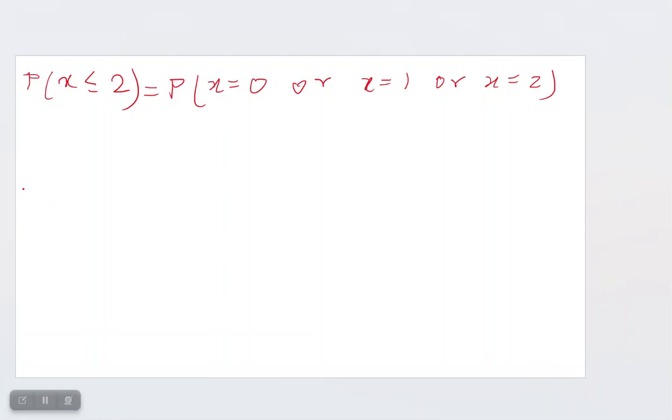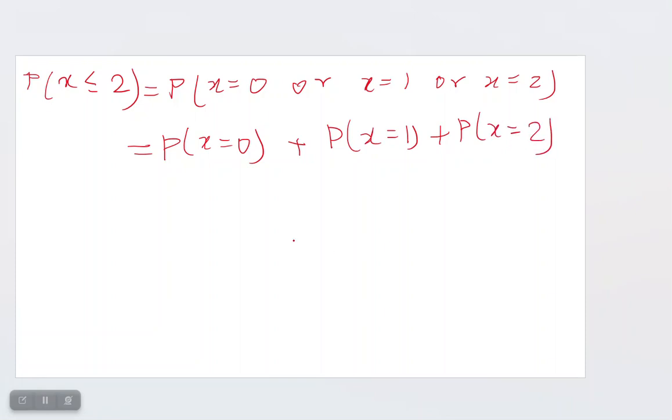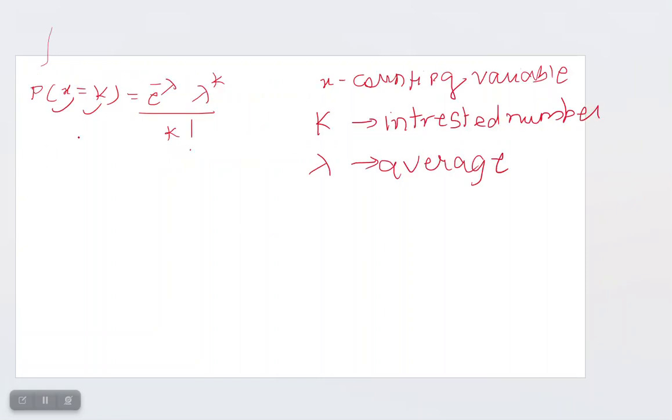So this value is nothing but P of x equal to 0 plus P of x equal to 1 plus P of x equal to 2. Now we find each using the Poisson formula. Understand one thing, the question is same. So the average lambda is 4.